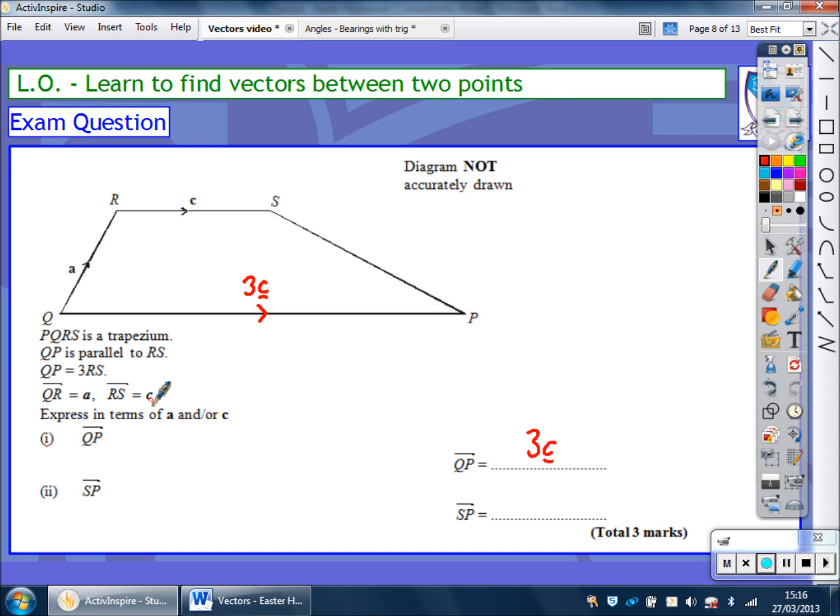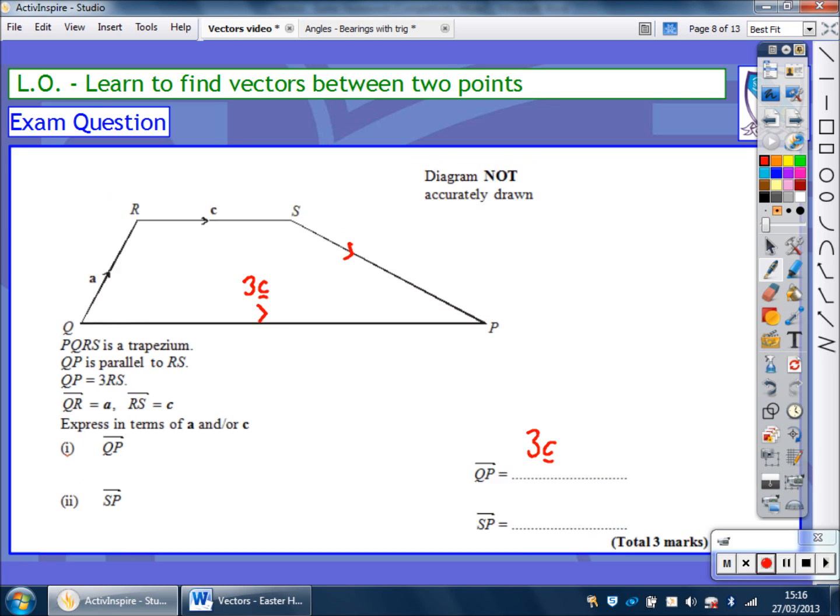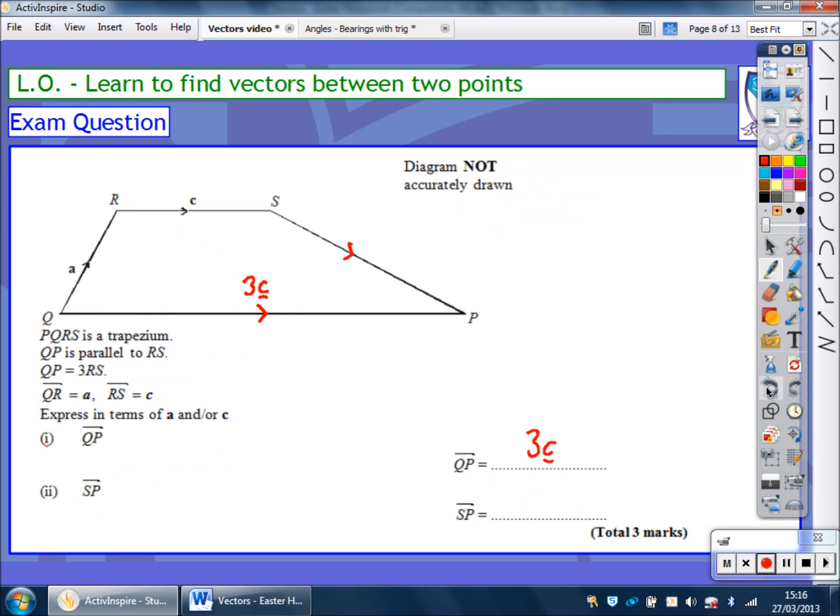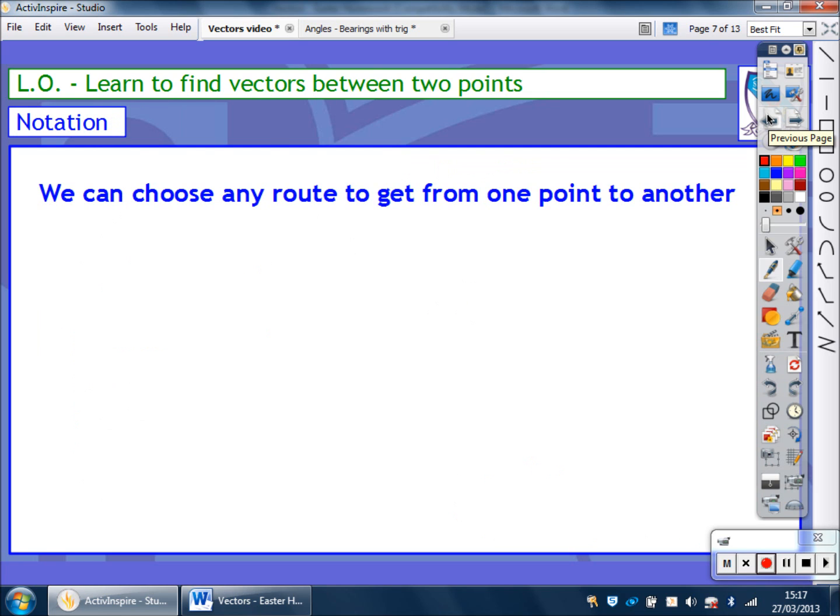Now we need to go from S to P. So we need to find out what this vector is, S to P. Now we don't know what that vector is, but like we said back here, we can choose any route to get from one point to another.